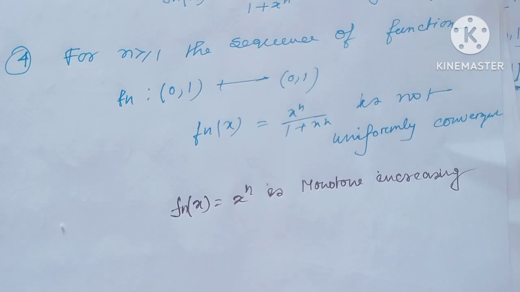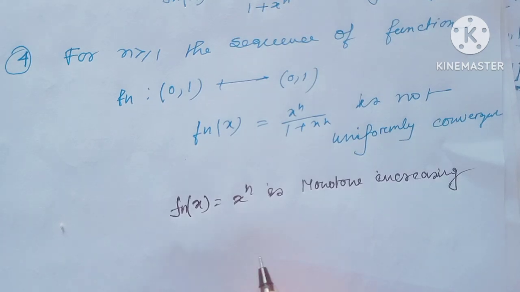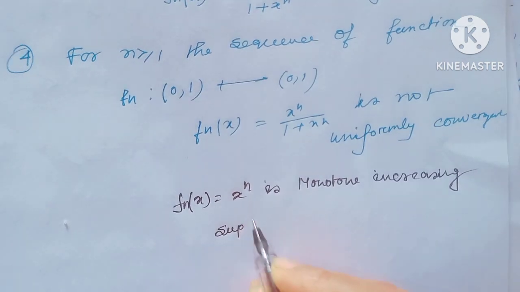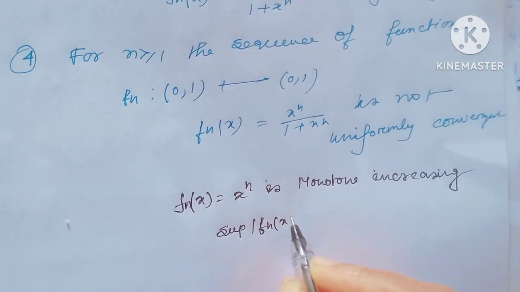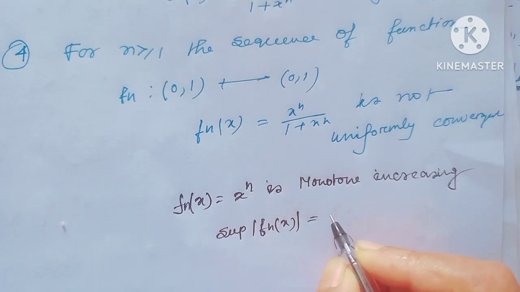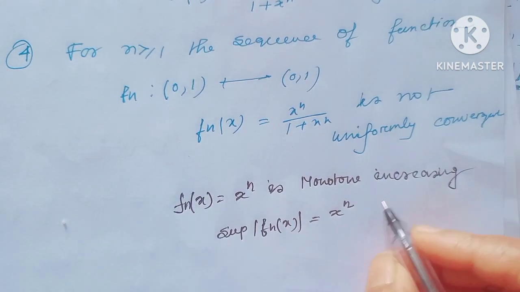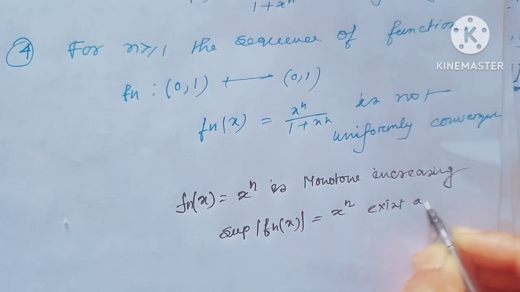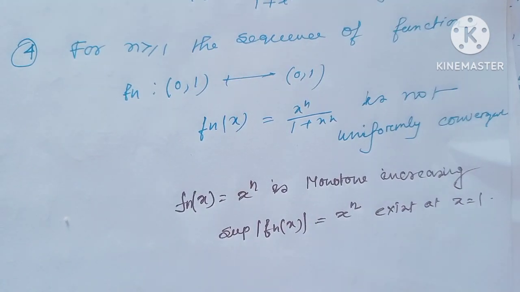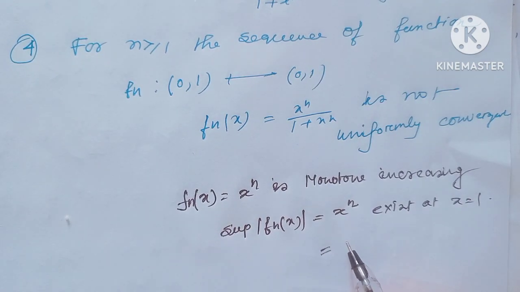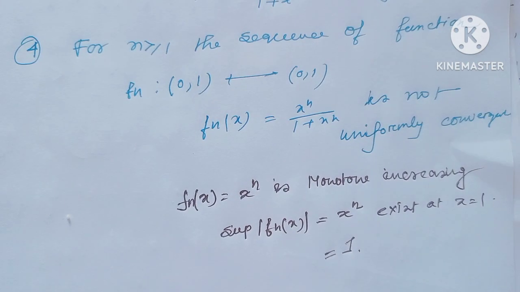Since it is monotone increasing, the supremum of fn(x), which equals x to the power n, exists at x equal to 1, and this value is 1.